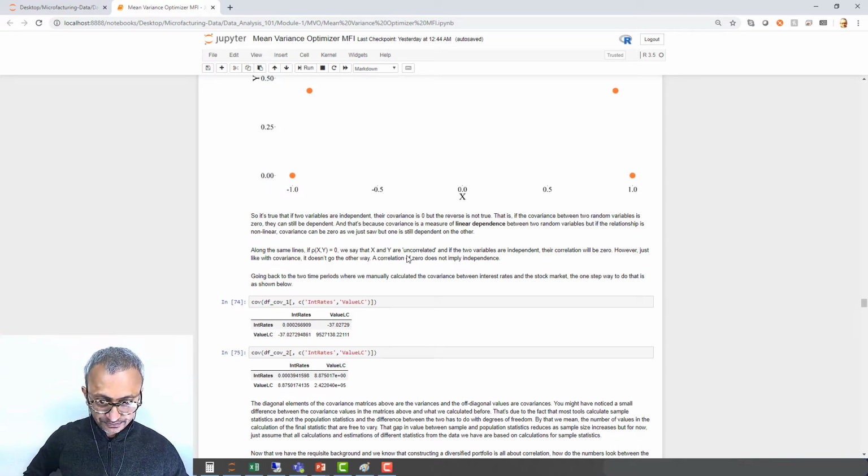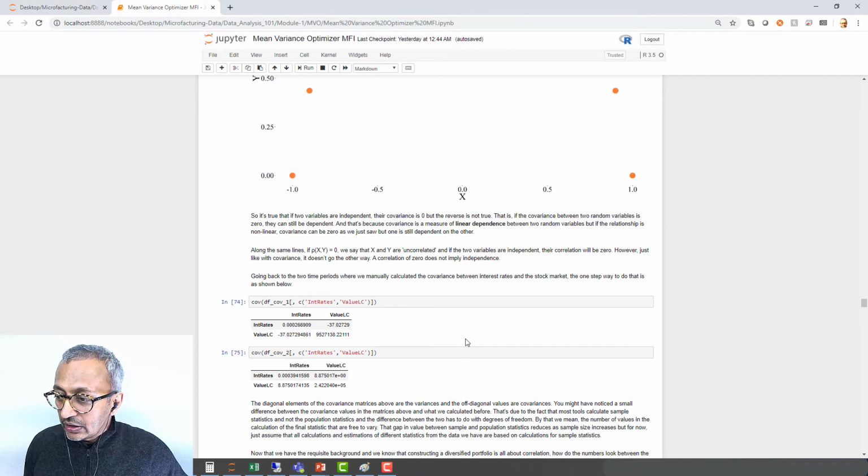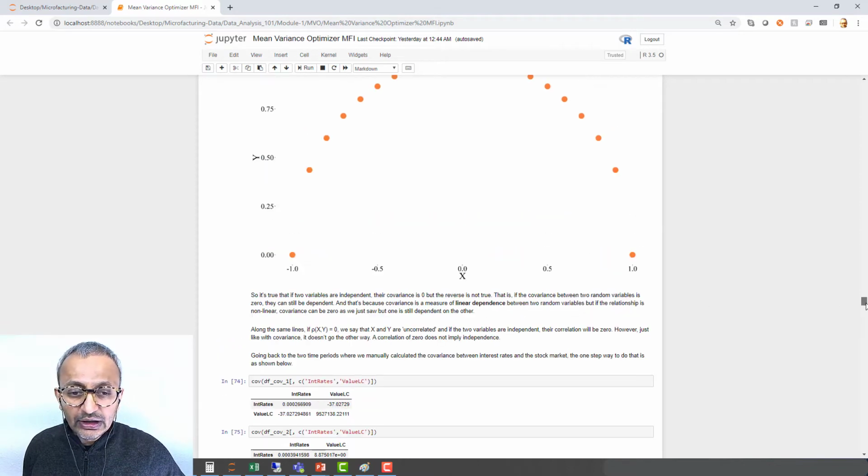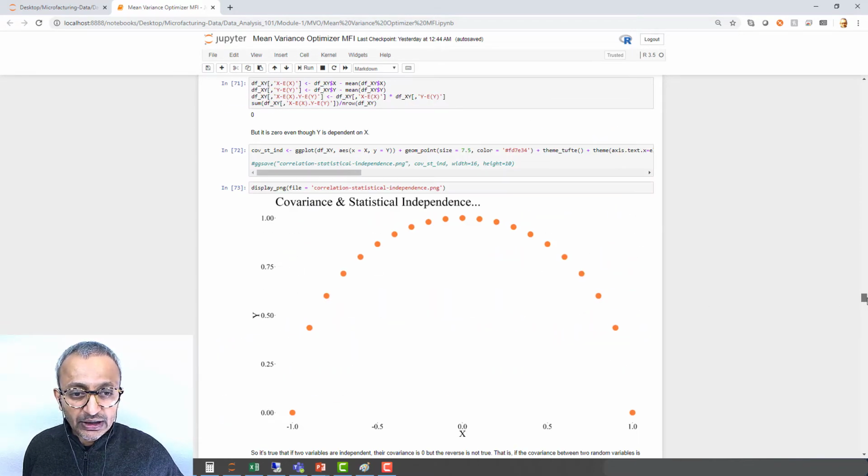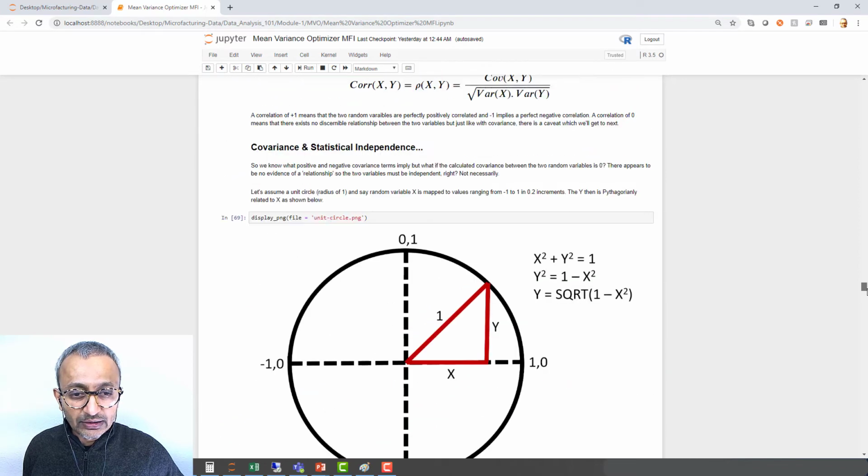Now read through this. It should be pretty evident what I'm trying to say here. This is basically just a definition of what it means to say that these two variables are correlated.